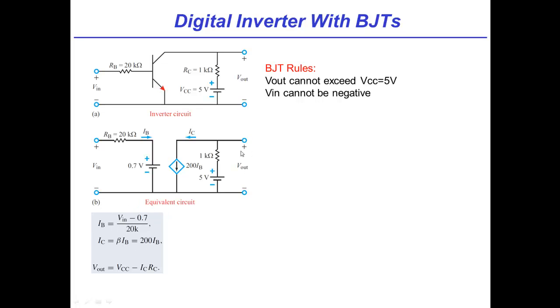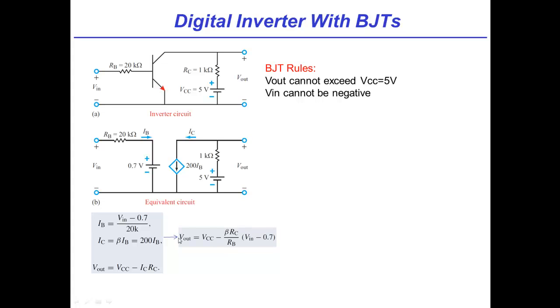And my V out is going to be VCC, which is 5 volts, minus IC, 200 times IB, times RC. That's because that represents the drop across that 1K resistor. Putting that all together, V out equals VCC minus the expression where we've substituted IB into IC and then IC into V out, and we get this expression right here.